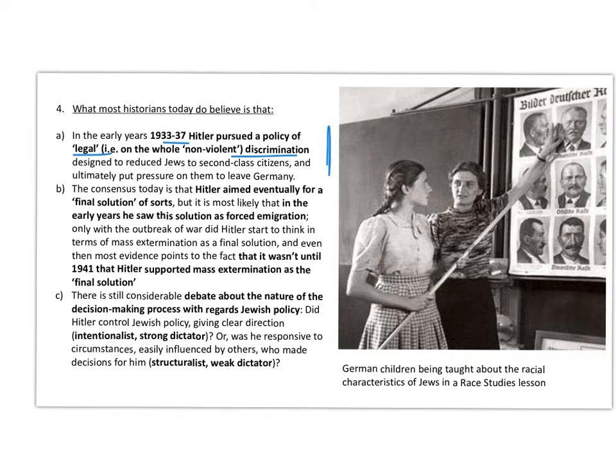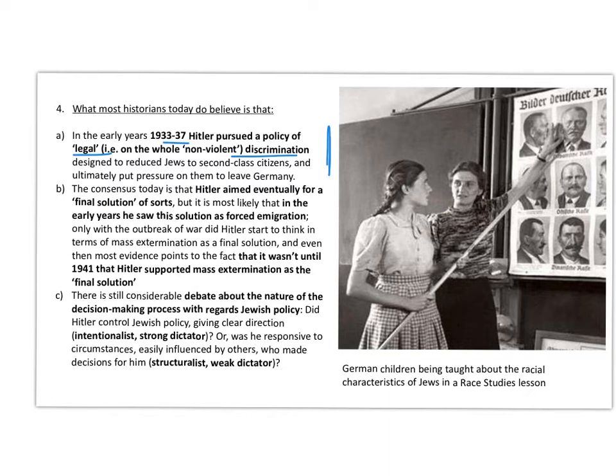Very, very conscious of the fact that if he is pursuing a violent policy towards the Jews at an early stage, it could impact not just on his popular support within Germany, but also, remember, Hitler's got to tread very carefully in these early years with his policy of revisionism, sending out the signals towards the Allies that he is a peaceful leader who just simply wants a just full revision of the terms of the Treaty of Versailles. Well, he needs to send the right signals out abroad that he is not an out-of-control radical.